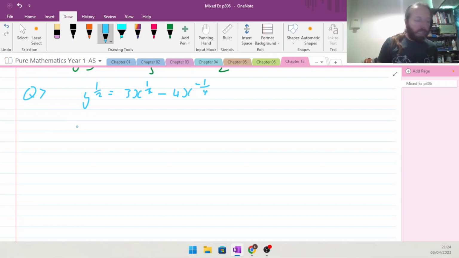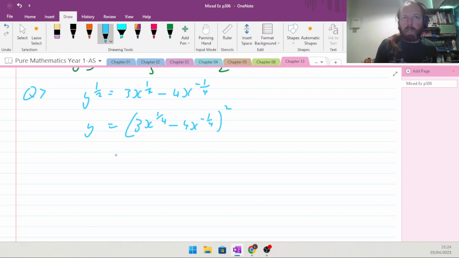Find dy by dx. Okay, so dy by dx. First things first, let's make this into y. So we're going to take 3x to the quarter minus 4x to the minus a quarter, and we are going to square it. 3 3s are 9, x to the quarter squared is x to the 2 quarters, which is x to the half.